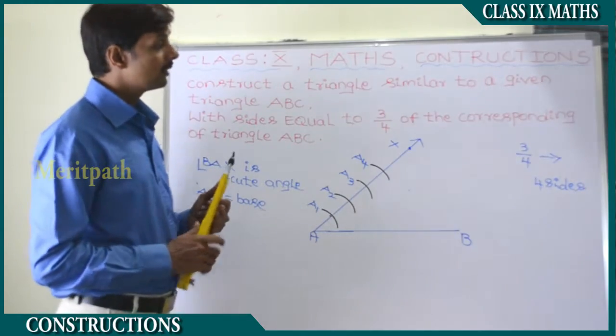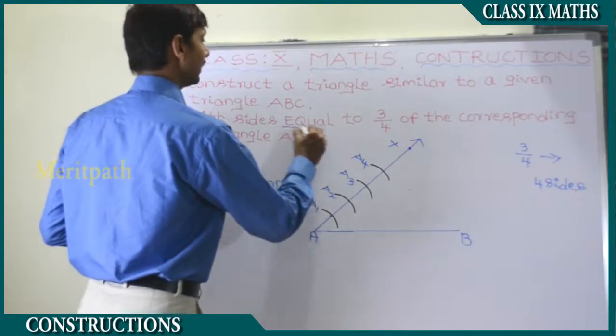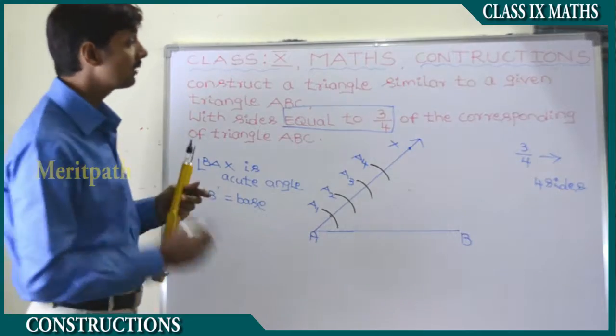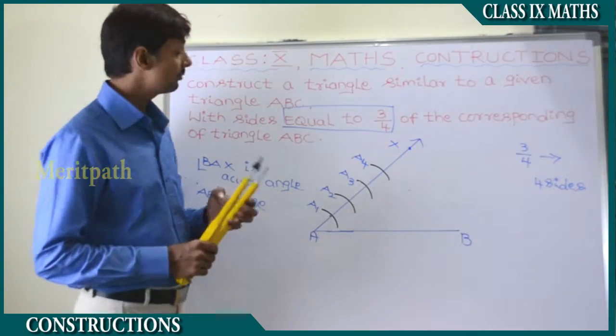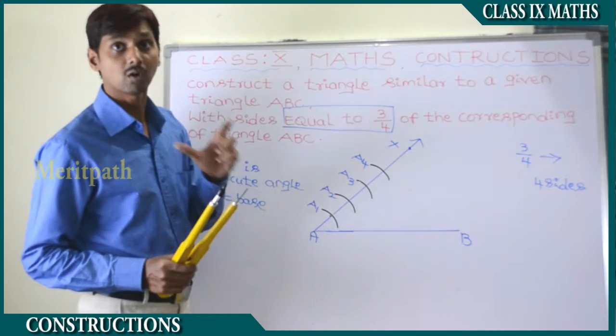Now it's given that we need to make 3/4 equal parts. So total parts are 4, and among these we need to take 3 parts out of 4.